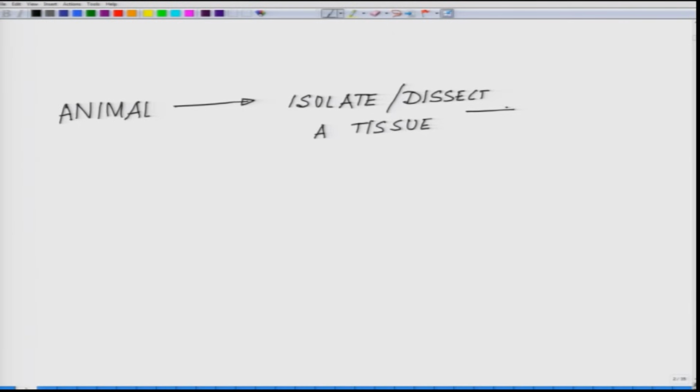Once I dissect this tissue, it will be something like this. For example, there is a mass of cells which I have isolated.